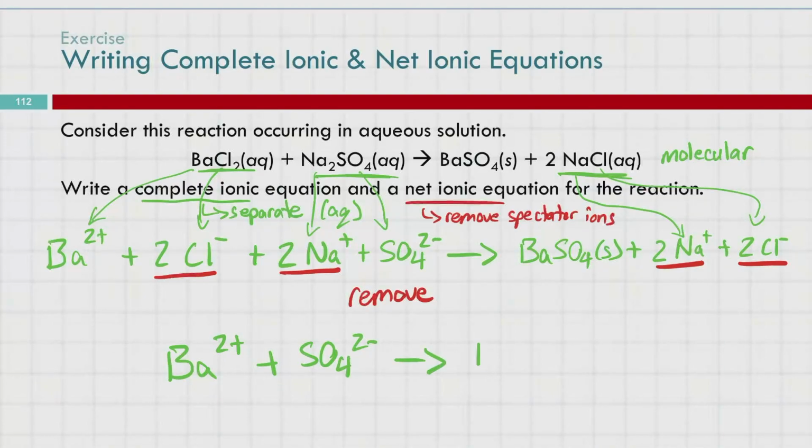And these go to BaSO4 solid, and we leave off the Na and the Cl on the right side. So in this top line, this is our complete ionic equation. This bottom line is our net ionic equation.